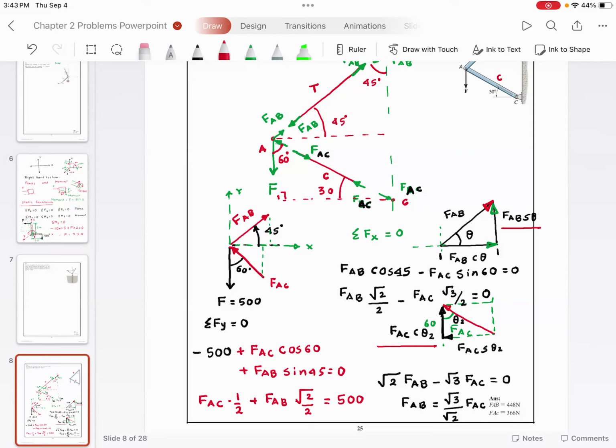What would I do? FAB is equal to square root of 3 by 2 FAC.